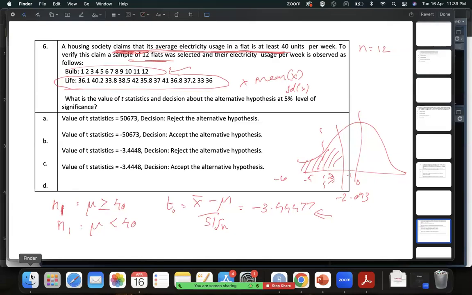So H1 is mu greater than or equal to 40, and H naught is mu less than or equal to 40. This is your H1 rejection region, so you're rejecting the alternate hypothesis, and your statistic was minus 3.4. So option C would be your answer here.